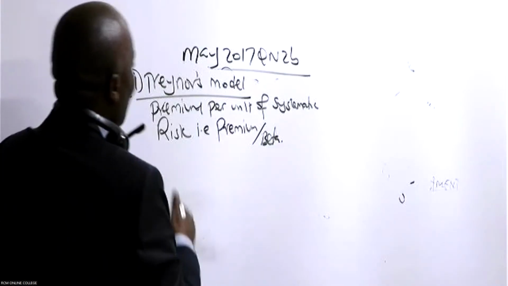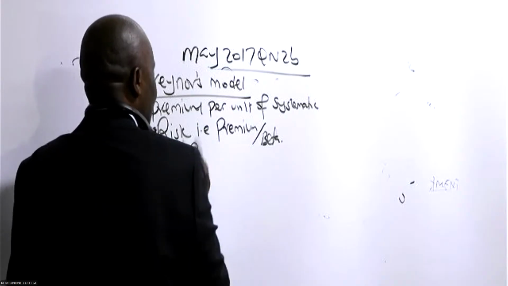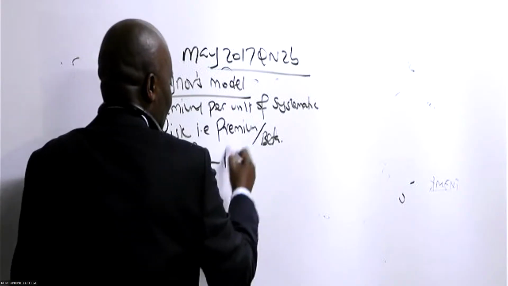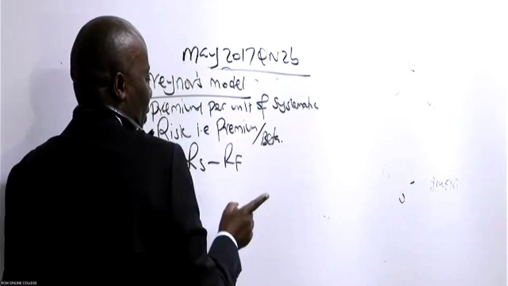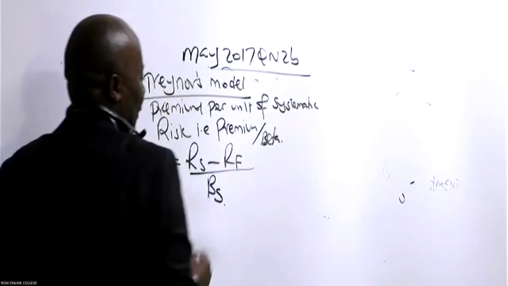So anytime they want the Treynor coefficient, we take the returns of the security, minus risk-free, and divide this by beta of the security.